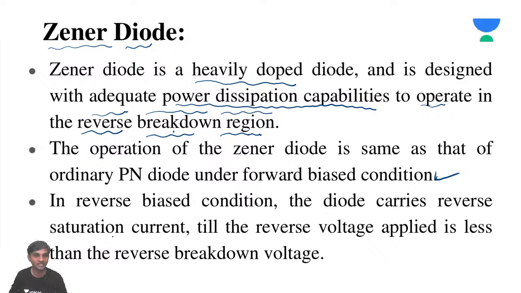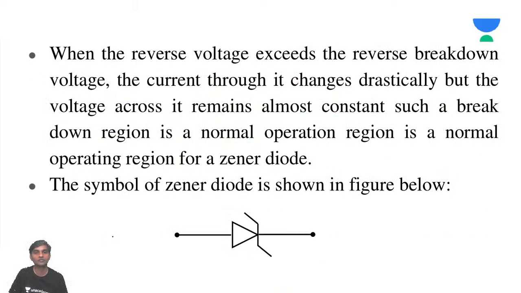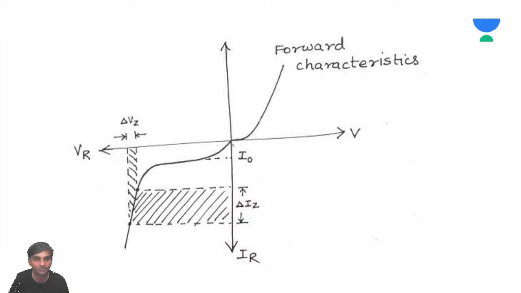In reverse bias condition, the diode carries the reverse saturation current, as we know, as long as the reverse voltage applied is less than the reverse breakdown voltage. So he is talking about this point.